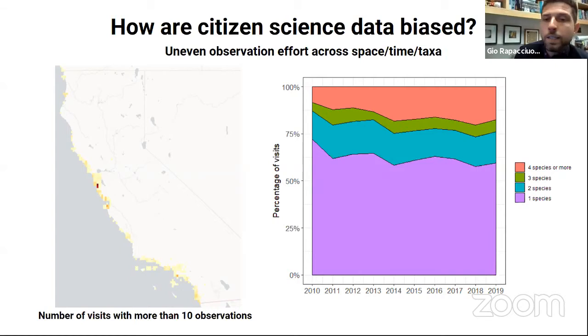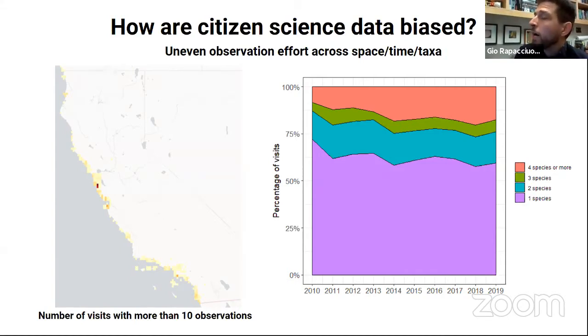On the right, there's a breakdown of the percentage of visits, of these observation events, every year that basically observe 1, 2, 3, or 4 or more species. And you can see that the vast majority of those generally involve the observation of a single species, perhaps with only a single observation.